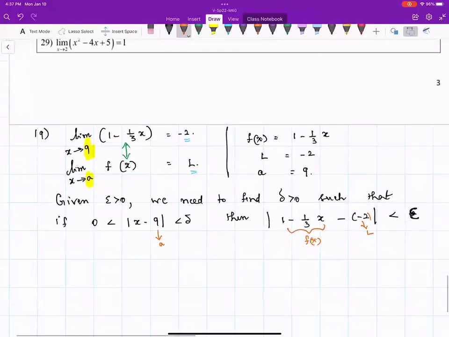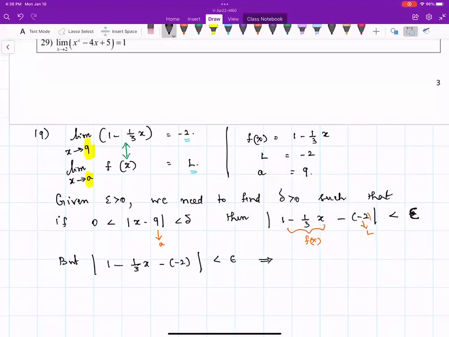All right. Now, if you consider the expression absolute 1 minus 1/3 of x minus of -2 less than epsilon, let's expand this. What does that mean?